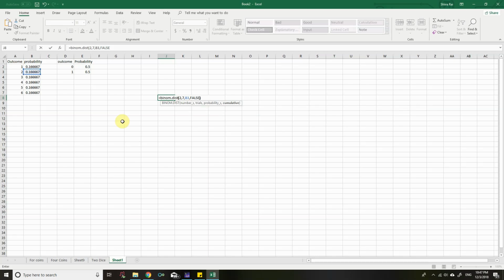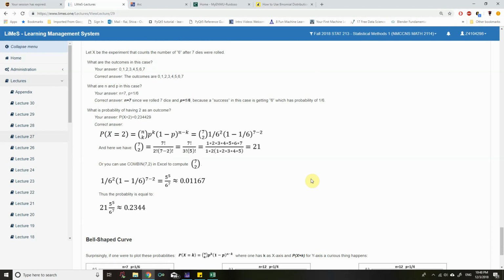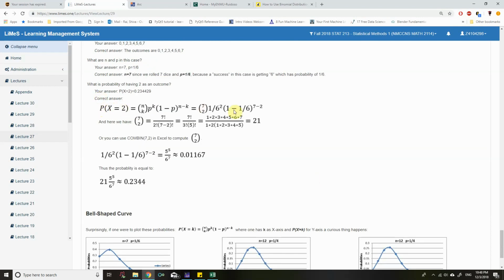Please write down false for the exact probability of getting 2 successes. So that's 0.234429. Thus, rather than going through this lengthy calculation, we just use Excel and get the same thing.